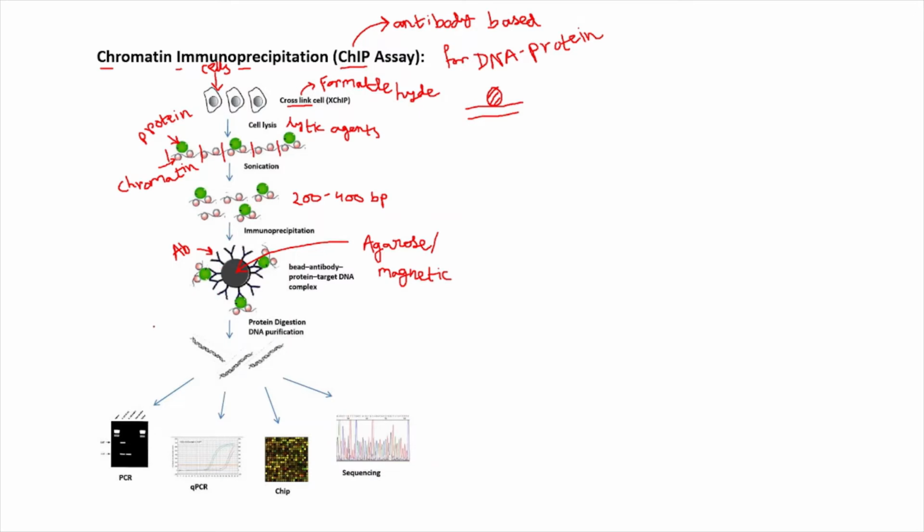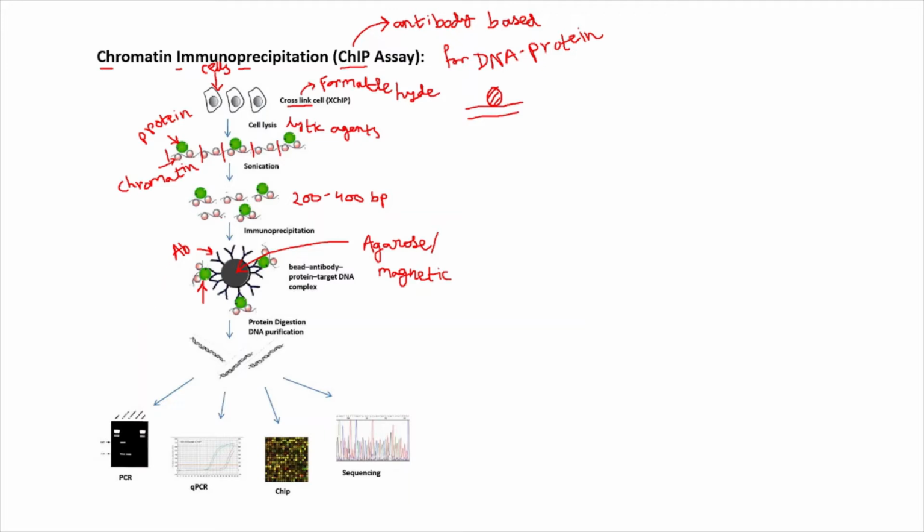What you will observe is that this antibody is binding to the protein of interest. Why? Because these antibodies have been made in such a way that they are complementary to the protein of interest, which is already bound to the chromatin. So only those pieces of chromatin which have bound proteins with them will bind to those antibodies.